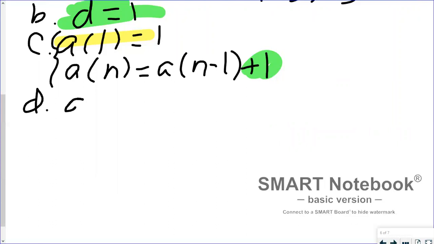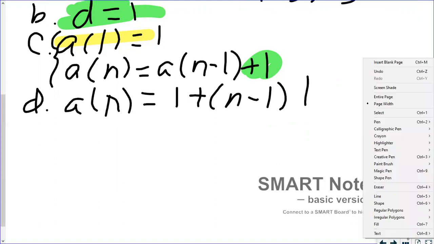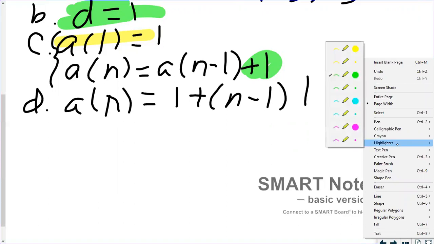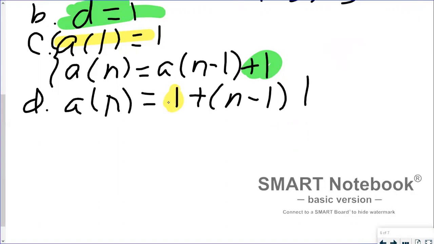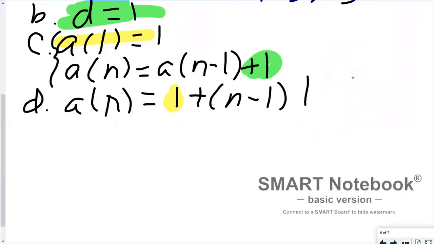So recall, it's just going to be An equals my first term, which is going to be 1, plus n minus 1 times 1. And we have our explicit formula. I'm going to highlight the first term in yellow and the common difference in green.